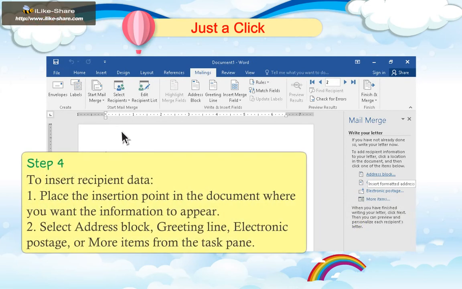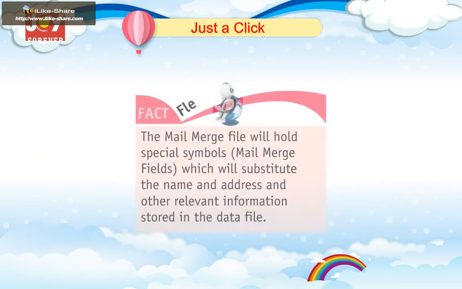To insert recipient data, 1. Place the insertion point in the document where you want the information to appear. 2. Select address block, greeting line, electronic postage, or more items from the task pane.